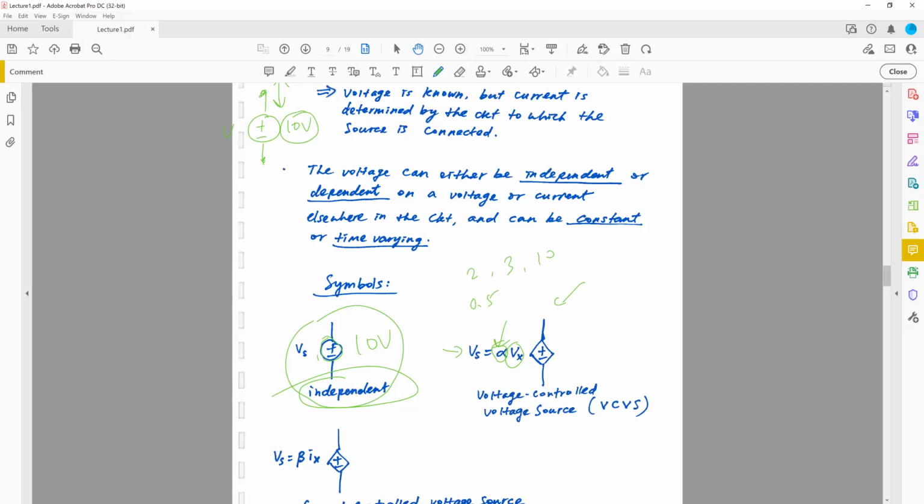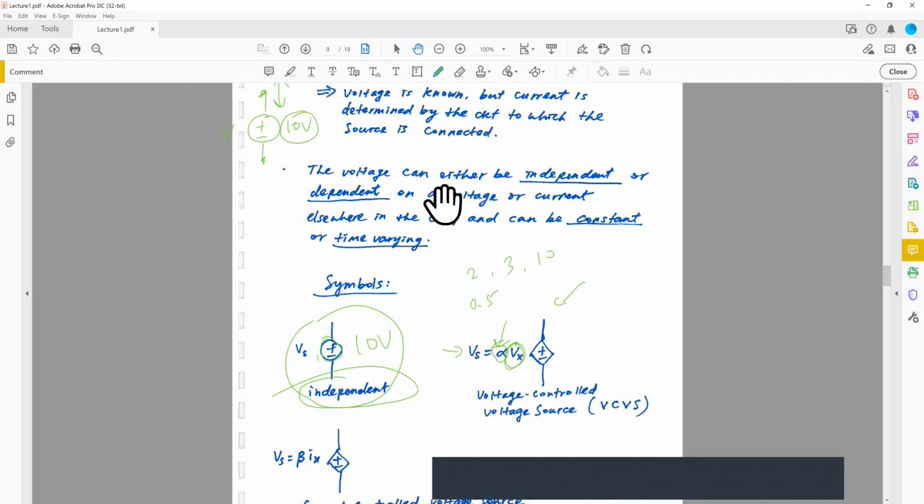Multiplied by Vx. What is Vx? If you look at this statement here, voltage can be either independent or dependent. If it's a dependent voltage source, it depends on voltage or current somewhere else in the circuit. So this Vx is another voltage that exists somewhere in the circuit.